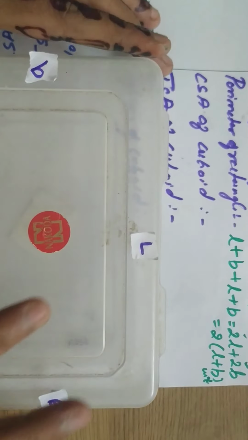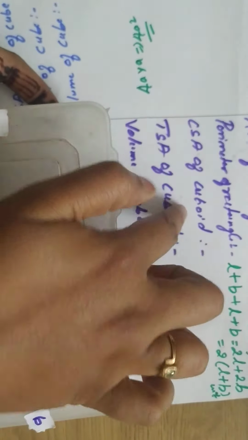When it comes to surface area, you have to just see the covering portions. When I say the covering portions, it's only the outer region; do not consider the top and bottom portion. For example, you want to paint the building outside. So the top and the bottom will not be included when it is CSA, that is curved surface area.